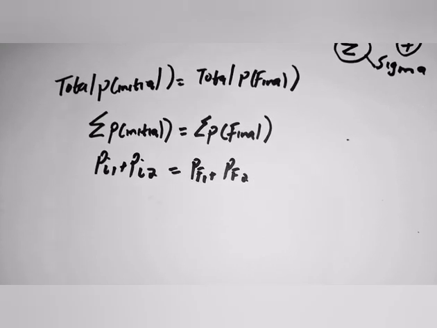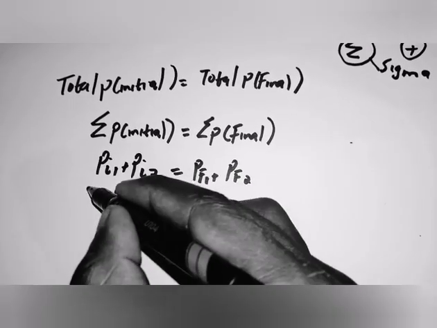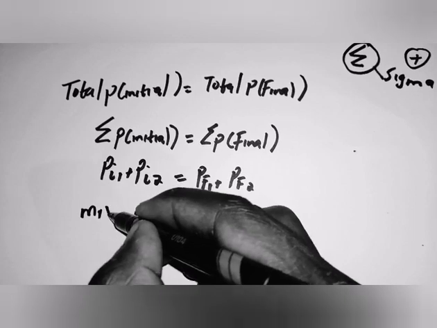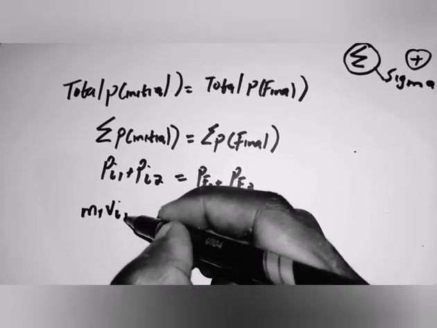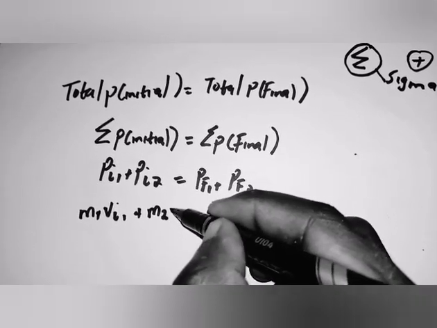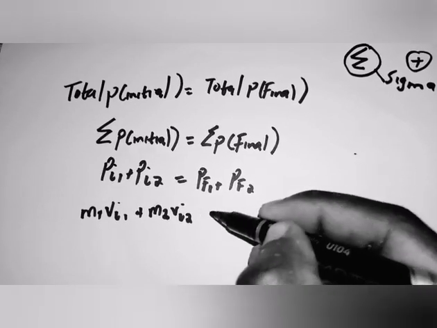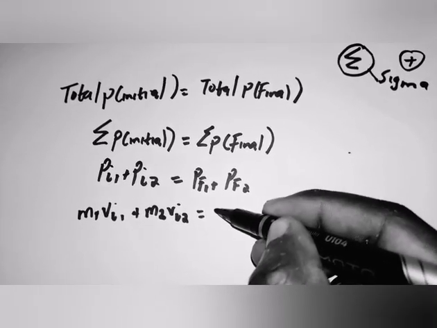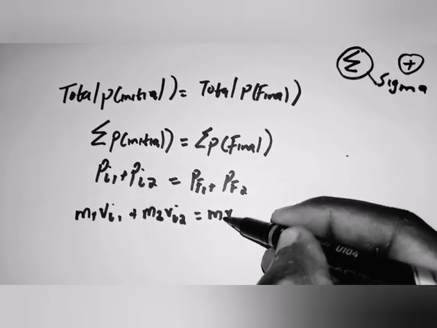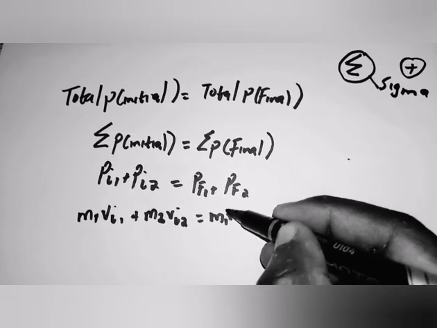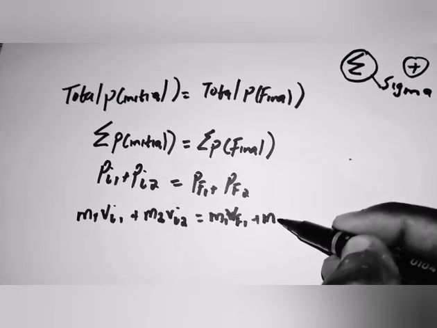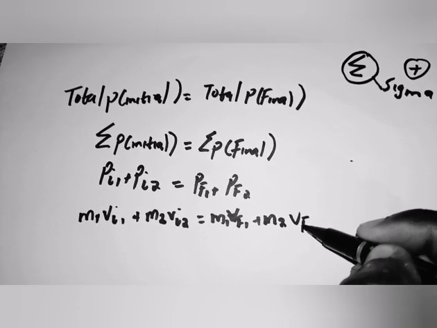Therefore, P initial of 1 will get M1 velocity initial of 1 plus M2 velocity initial of 2, equal to M1 velocity final of 1 plus M2 V final of 2.